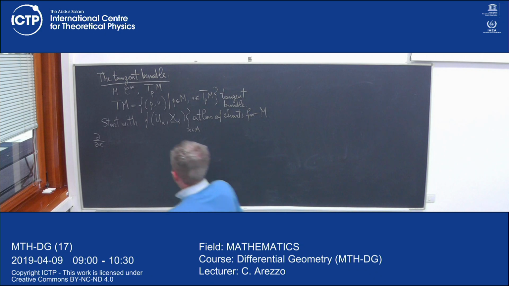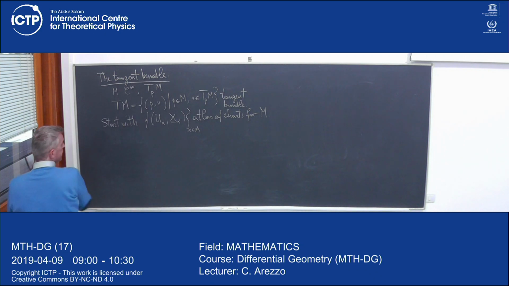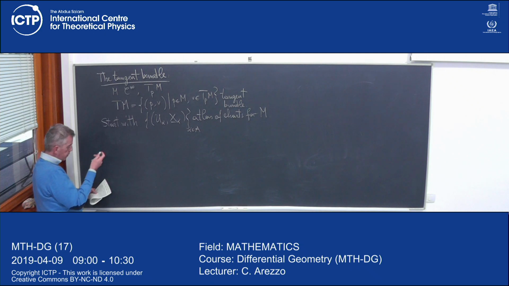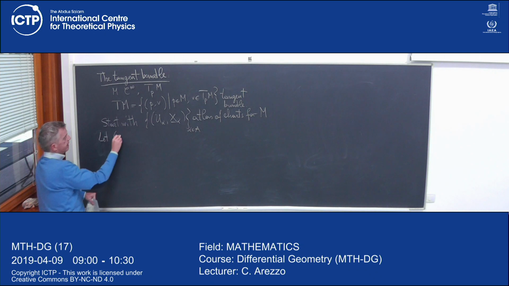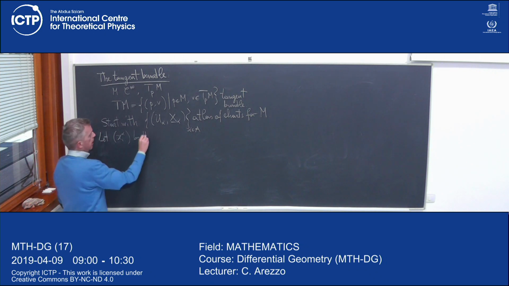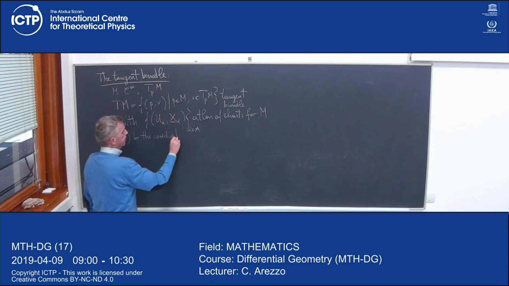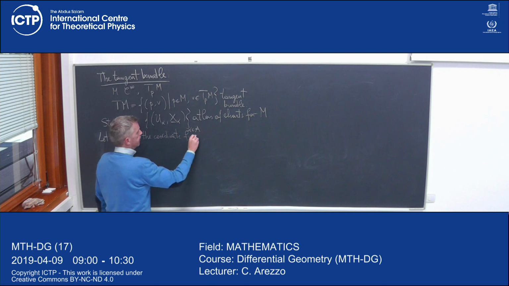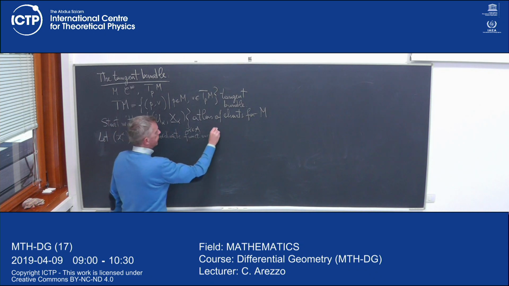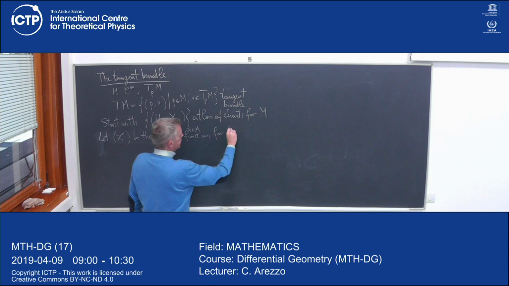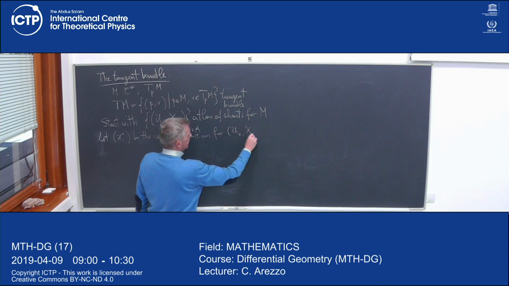So, a chart, of course, I can think of as a family of maps. So let xi alpha be the coordinate functions for one choice of this, so for U alpha, X alpha.